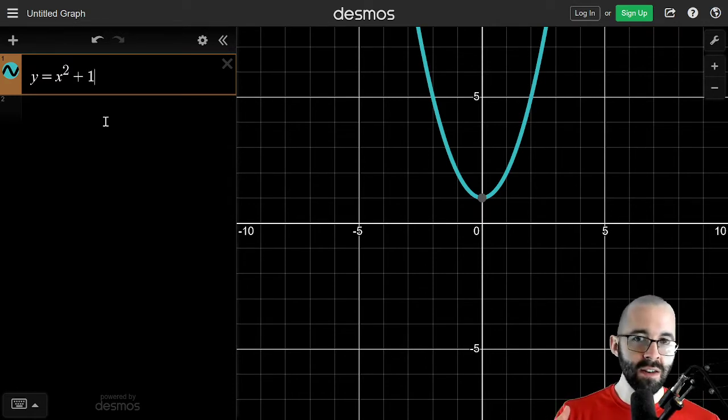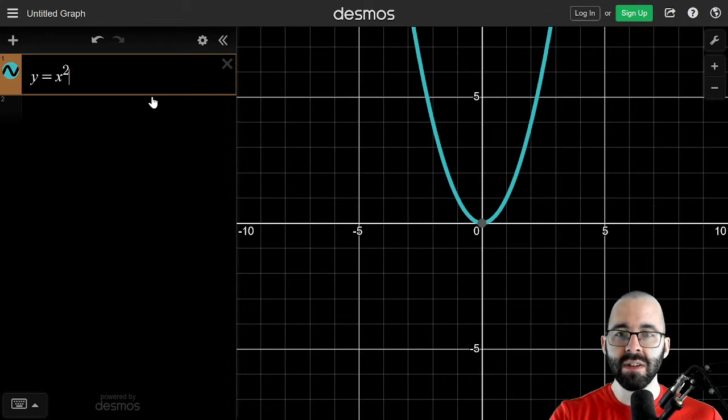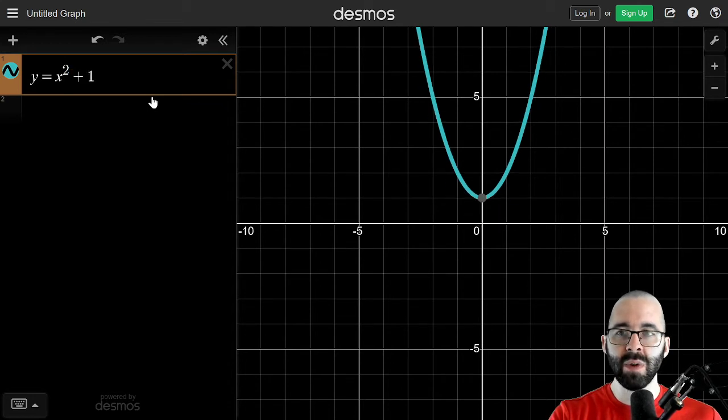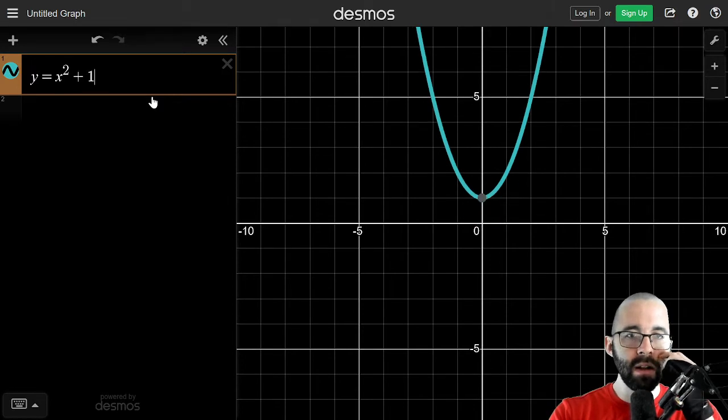Y equals x squared plus 1 increases those y values by 1. And if we increase those y values by 1, what's happening to the graph? Well, it's just moving up and down. It's the same graph. Every single point, if you look at a single x value, all of those are just shifting up 1.